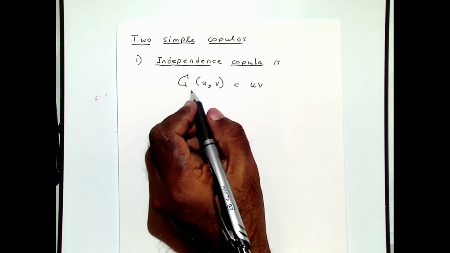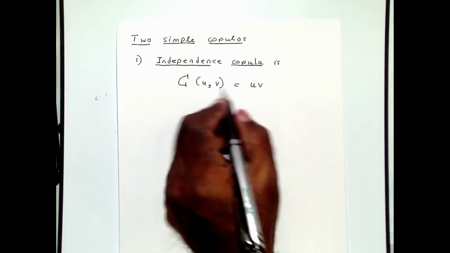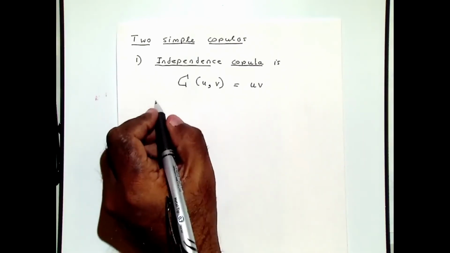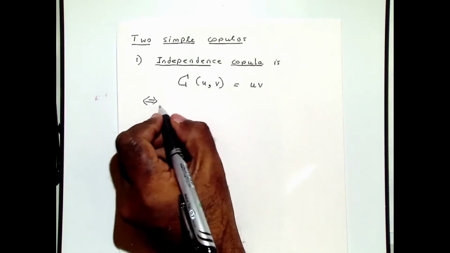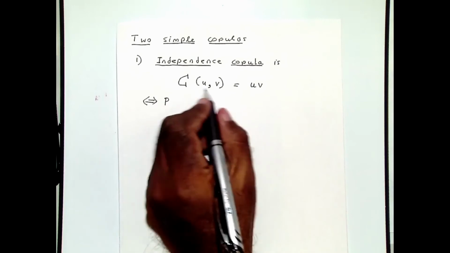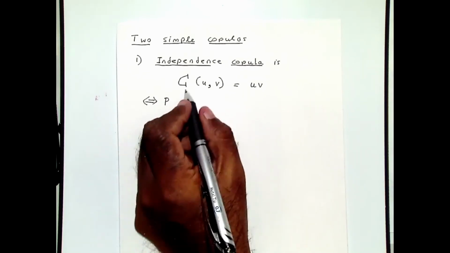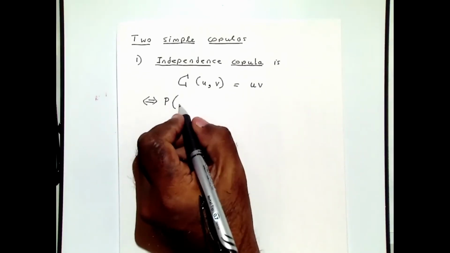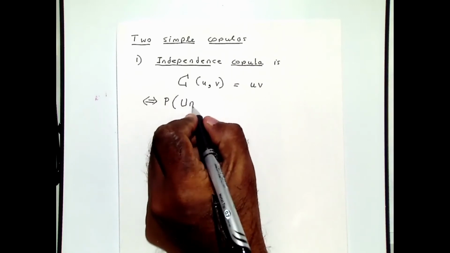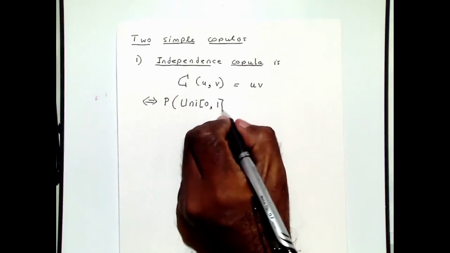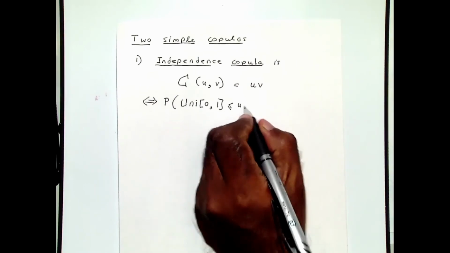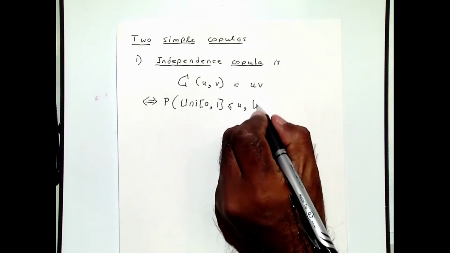The independence copula is simply u times v. Because a copula, as I said before, is a joint distribution of two uniform random variables, you can write the left-hand side as this.